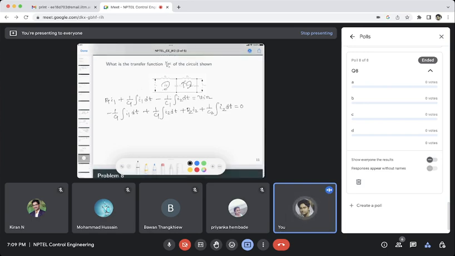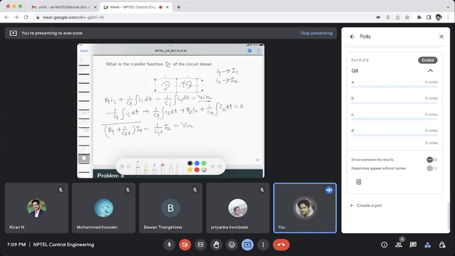Then the first equation will be what? Let the Laplace transform of I1 be capital I1, I am denoting it without s just for simplifying, and the Laplace transform of small i2 be I2. Then from the first expression we have R1 plus 1 by C1 s, times I1, minus 1 by C1 s times I2, equal to V in.